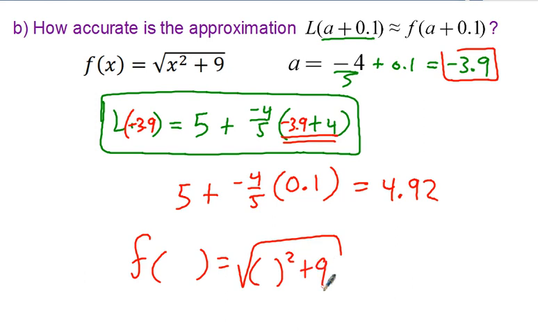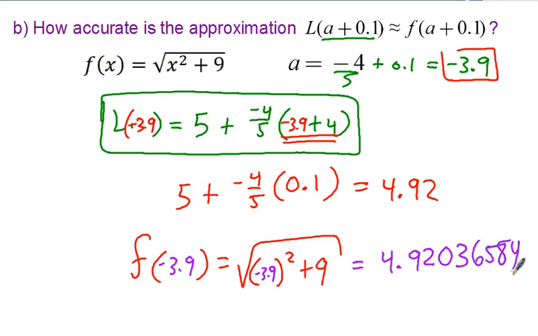When you use the actual formula for that particular x value, let's see what you get. -3.9 squared plus 9. Let's take the square root of that. The actual value is 4.92036584. So notice that our approximation was good all the way to the hundredths place.